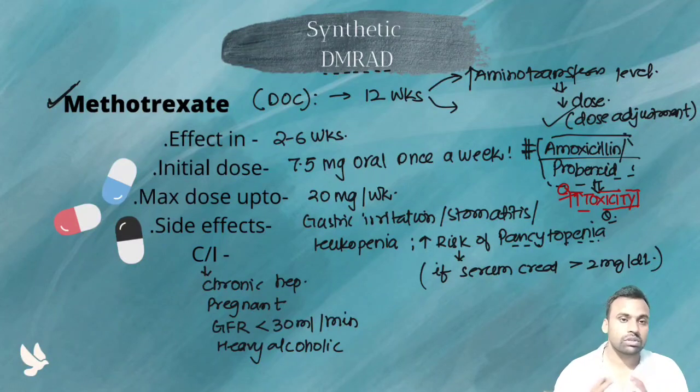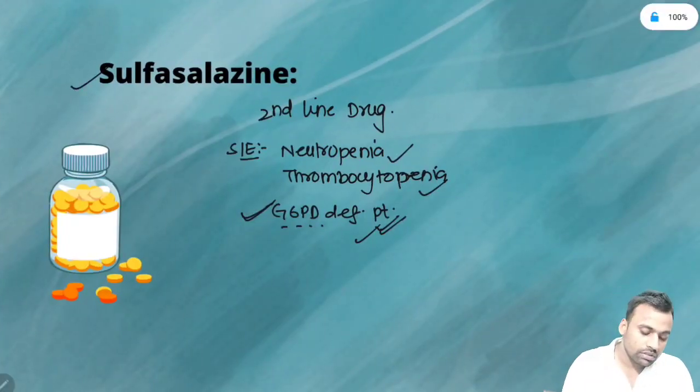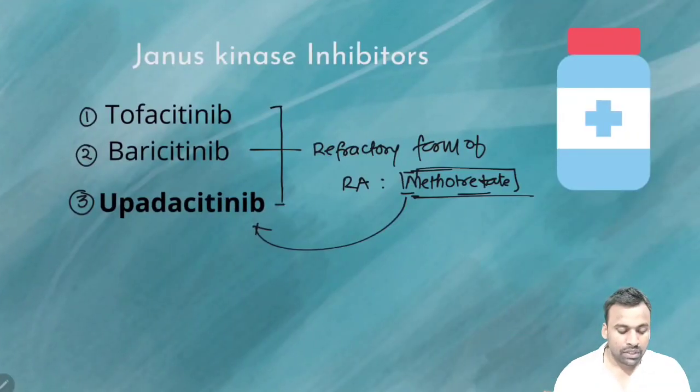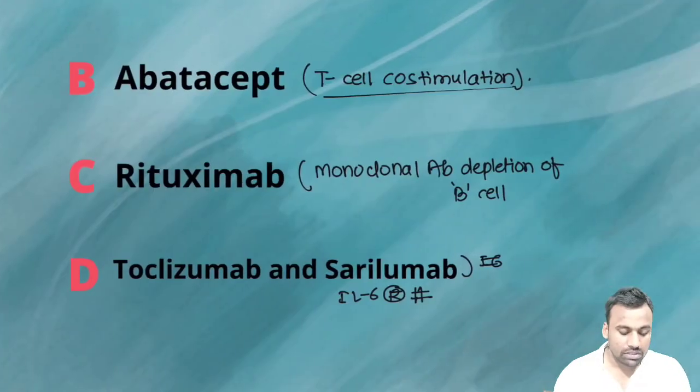You can go through the protocols, and also sulfasalazine, leflunomide, and hydroxychloroquine. Then Janus kinase inhibitors, and sometimes biologicals like TNF inhibitors, abatacept, rituximab, tocilizumab, and sarilumab.